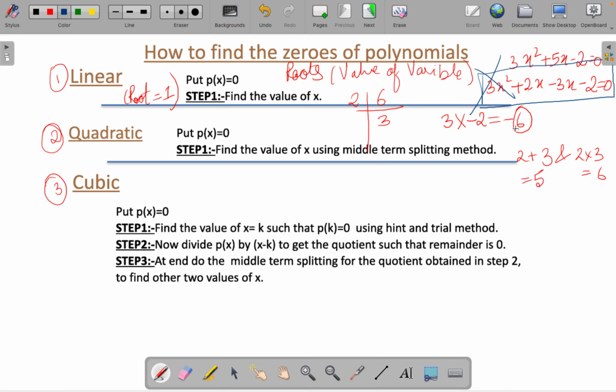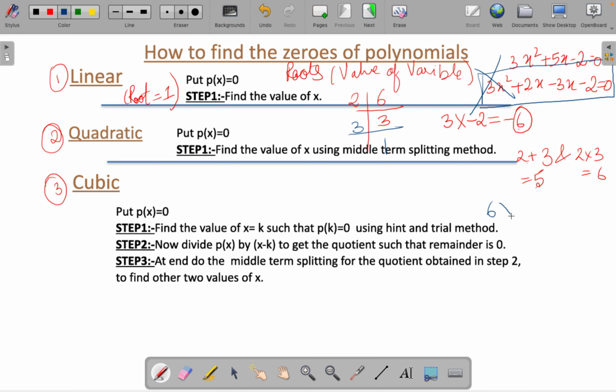Because I need minus 6 on multiplying and plus 5 on adding. This is never going to be possible, right? So 2 and 3 are the factors, but you can also see that 6 and 1 is also a factor.